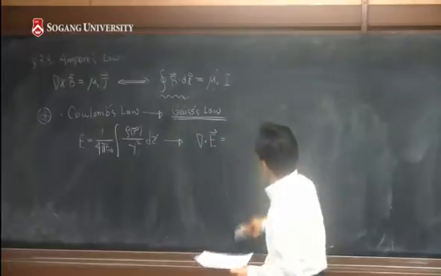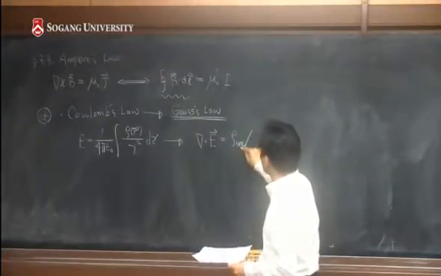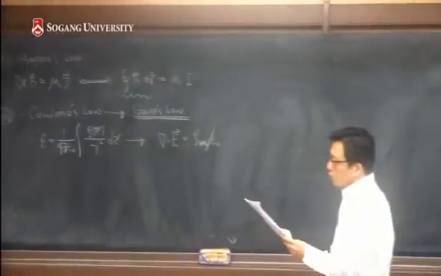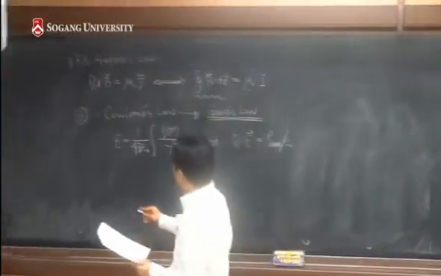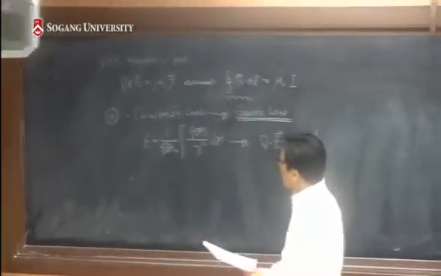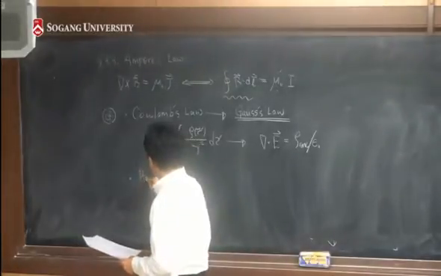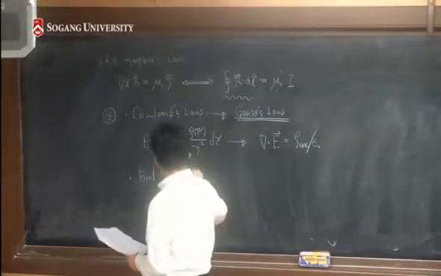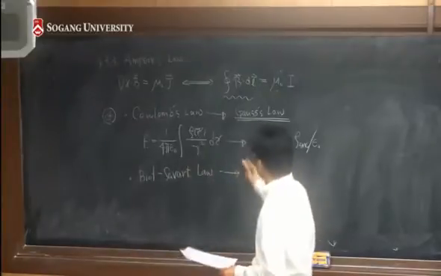Here, the charge enclosed by the Gaussian surface is divided by epsilon 0 for the case of free space. And in the same way, we can derive the magnetic field from the Biot-Savart law. And once we have the Biot-Savart law, we can have Ampere's law.